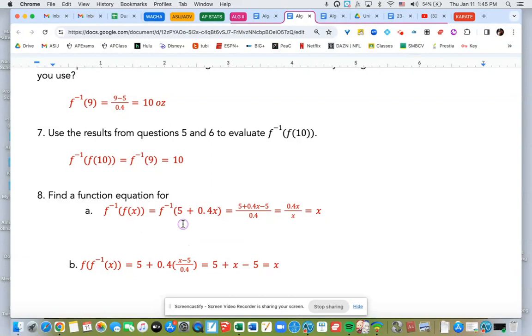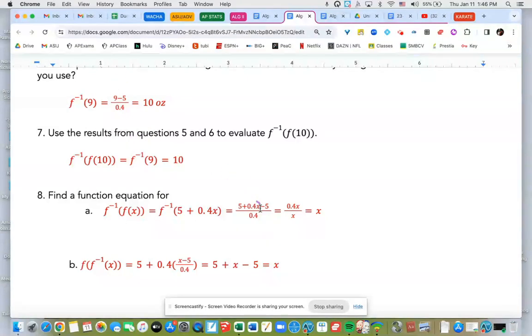Well, it's kind of funky, but we're taking that original equation, f of x is equal to 5 plus 0.4x. So we're taking that whole expression and plugging it into the inverse function. Remember what the inverse function looked like.